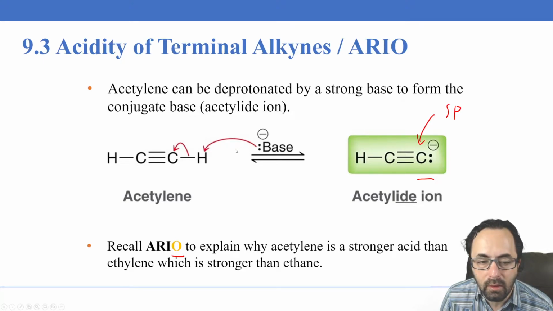You need a sufficiently strong base to remove a proton from the alkyne, but it can be done with a strong enough base. And that's going to be a key part of the chemical properties of alkynes that we use synthetically.